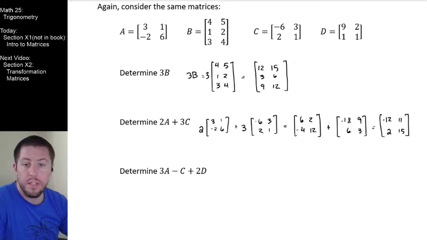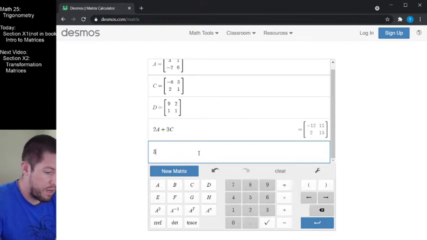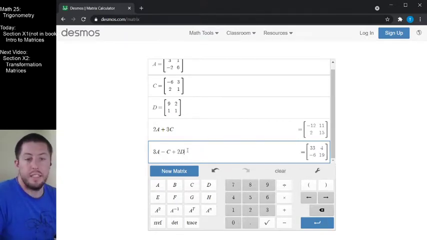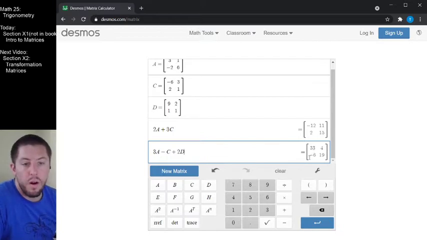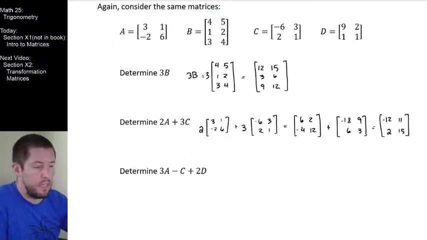So that works. Now let's see if Desmos can give us 3A minus C plus 2D as well. It's giving me 33, 4, negative 6, 19.